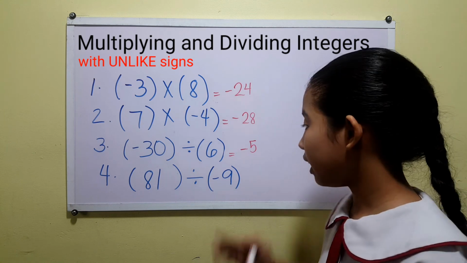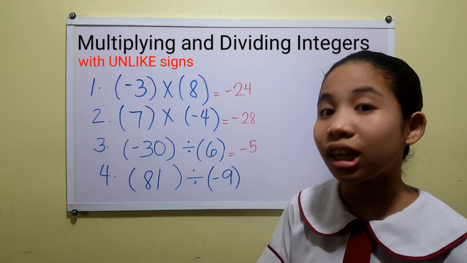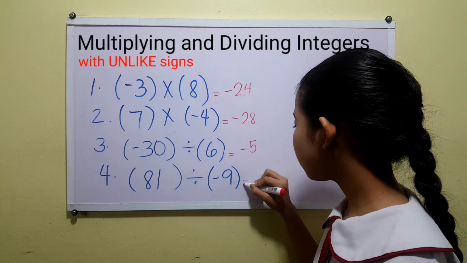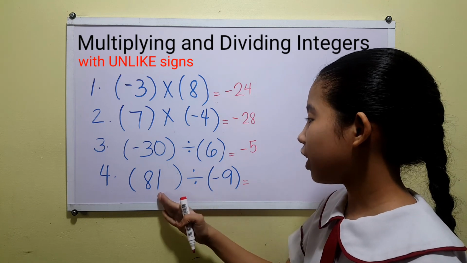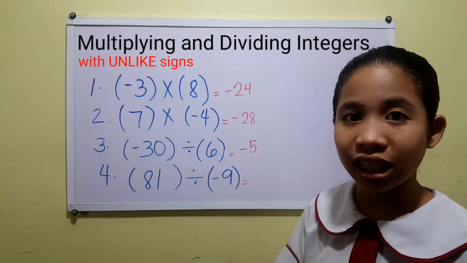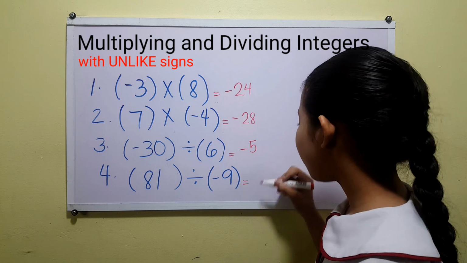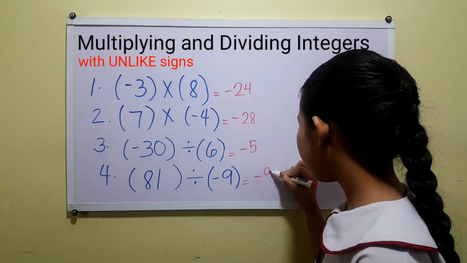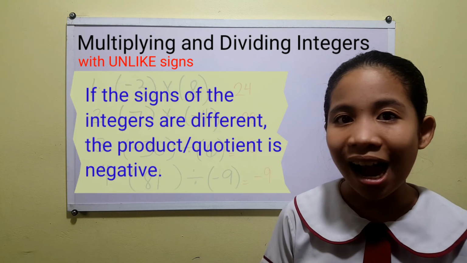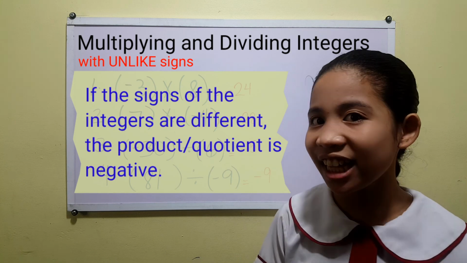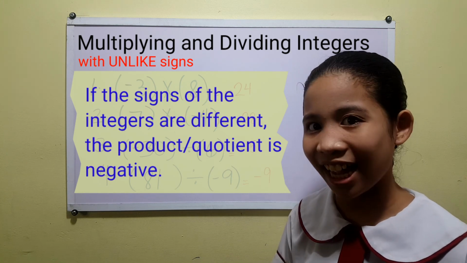Positive divided by negative is equal to negative. So, positive 81 divided by negative 9 is equal to negative 9. And that is how you can multiply and divide integers with unlike signs.